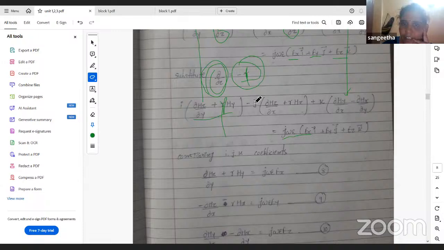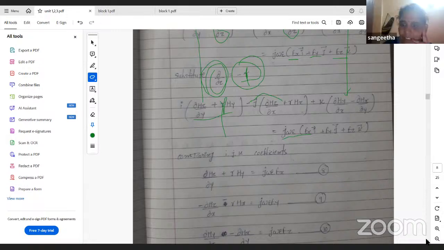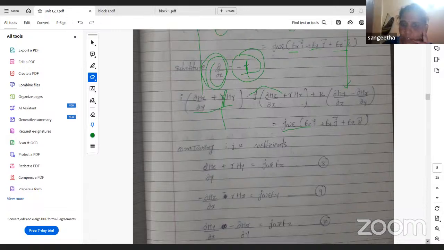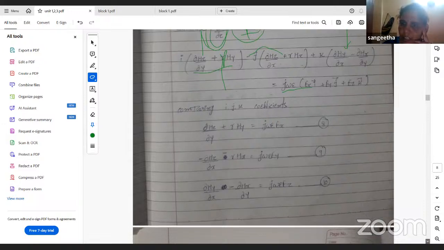Why is it minus? Minus is multiplied inside. Minus gamma Hx is equal to j omega epsilon Ey. Dou Hy by dou x minus dou Hx by dou y equals j omega epsilon Ez.